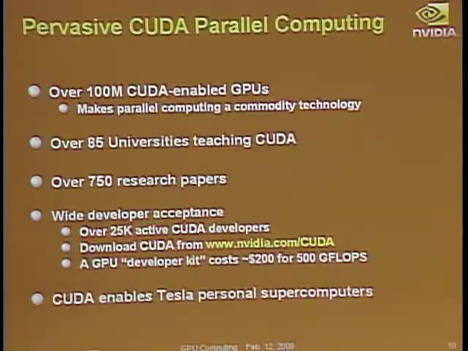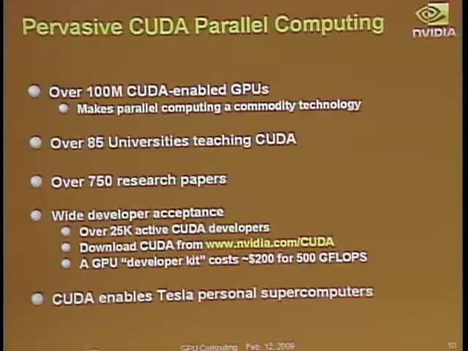The thing that's been exciting to watch about GPU computing is that you can go down to the local store, buy one, put it in your PC, and do serious parallel computing for hardly anything. The number of applications that people have come up with, just playing with it, doing research on it, and writing papers about it, is pretty astounding. You guys are doing stuff we never would have thought of, so that's what's fun to watch.